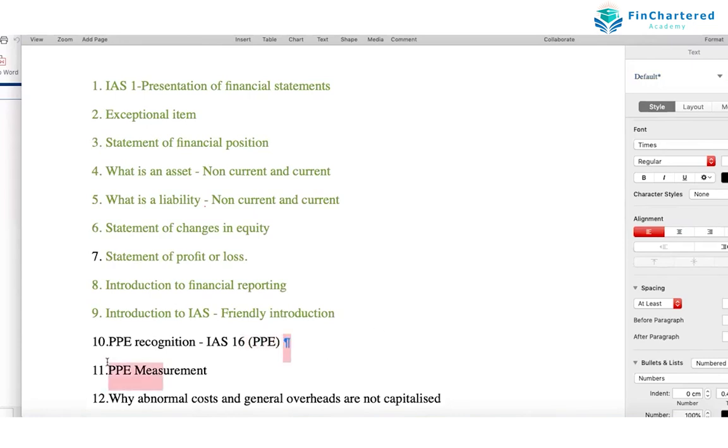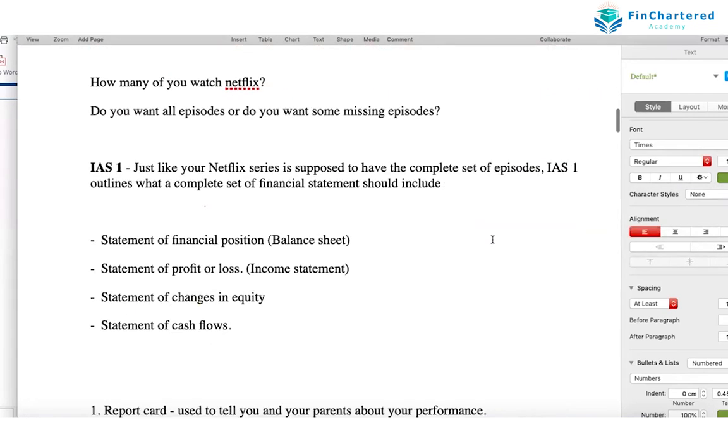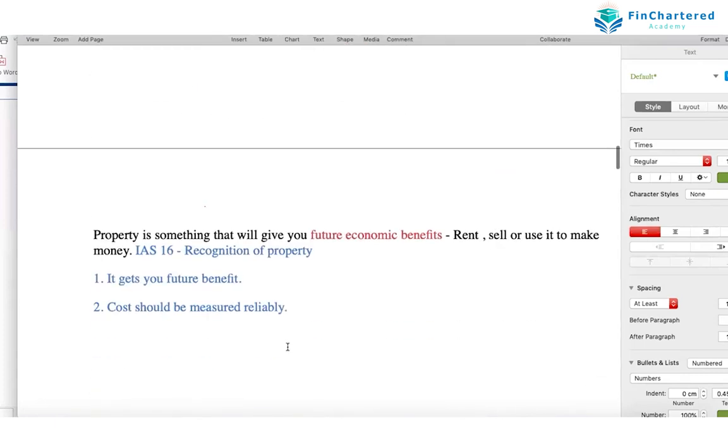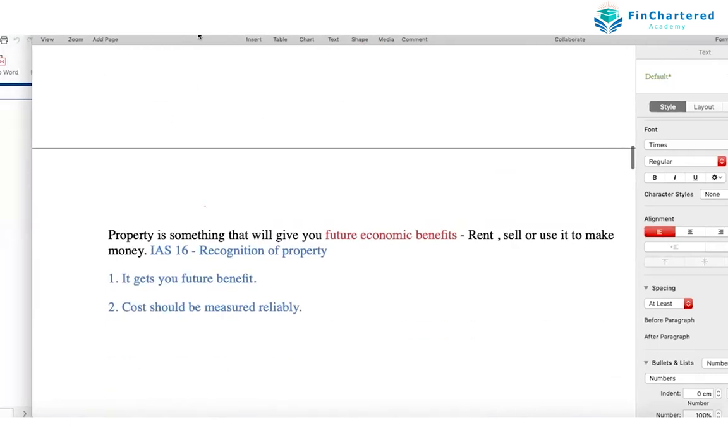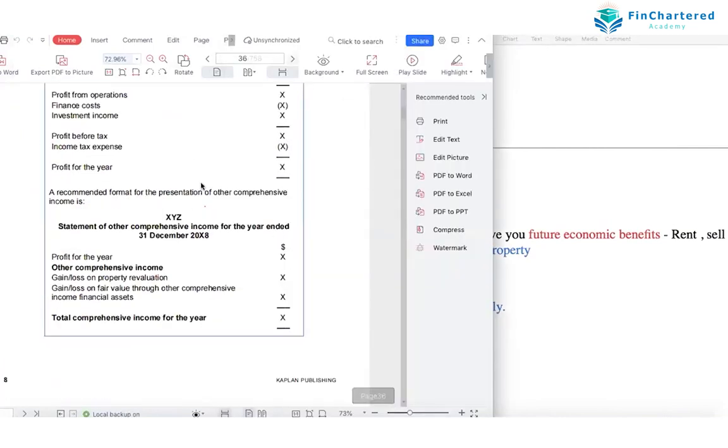So we've just looked at recognition of PPE. I said there are two things to recognize something as PPE. First is that it should be something that gives you future benefit. And number two, the cost should be measured reliably. And that is what the textbook says as well.